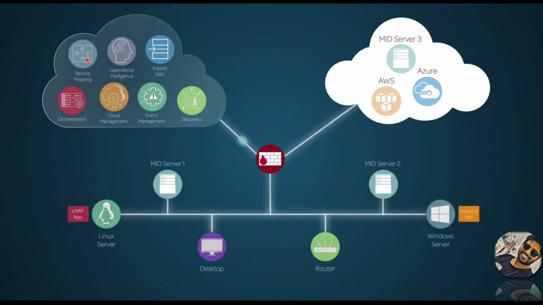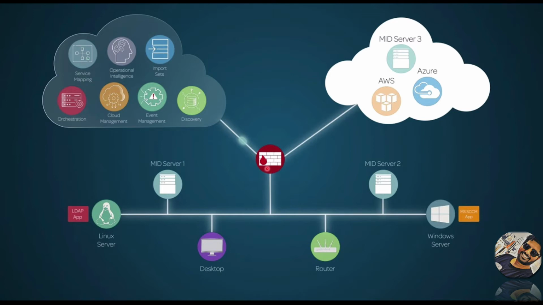Let's say I want to run discovery for these desktops, routers, Windows machines, and Linux servers. ServiceNow will get all this information into the instance with the help of MID Server 1 and MID Server 2. Only when they execute those commands will we be able to get this data, and that data will be passed through the firewall and proxy.